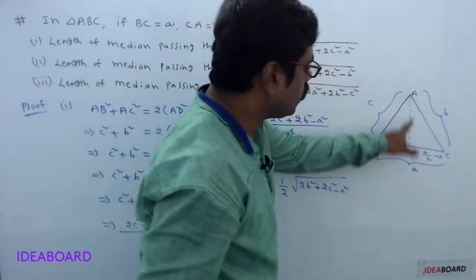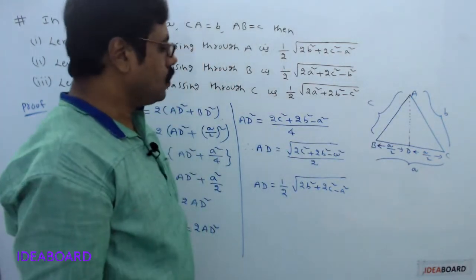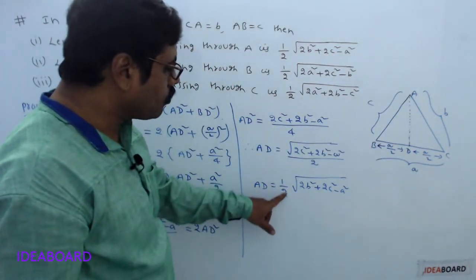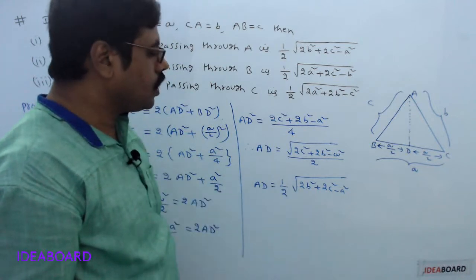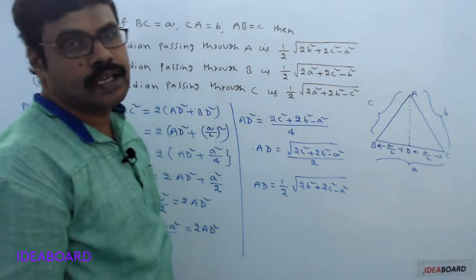Now AD is the median passing through the vertex A. So AD equals 1 by 2 into square root of 2b square plus 2c square minus a square.